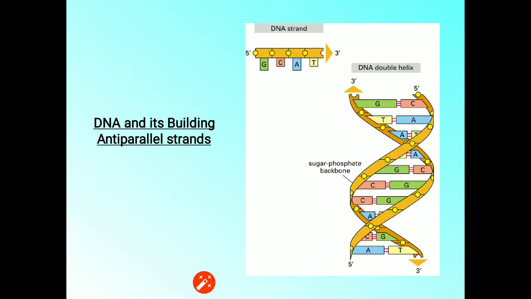Now the bases in the two strands are held together by hydrogen bonds forming base pairs. Adenine pairs with thymine through two hydrogen bonds and guanine with cytosine through three hydrogen bonds. The two chains have anti-parallel polarity.